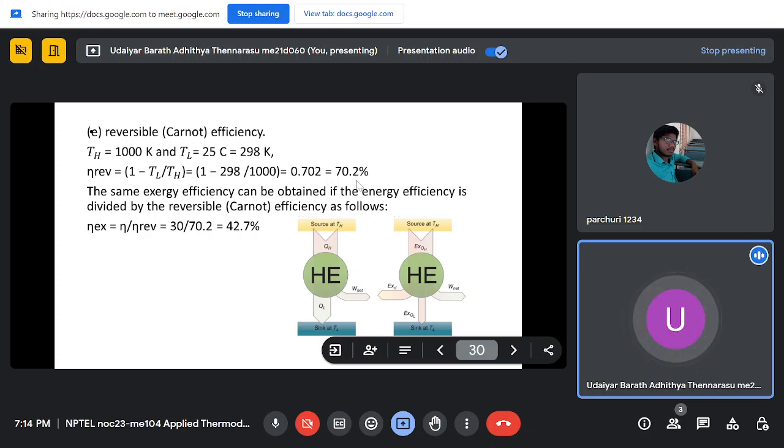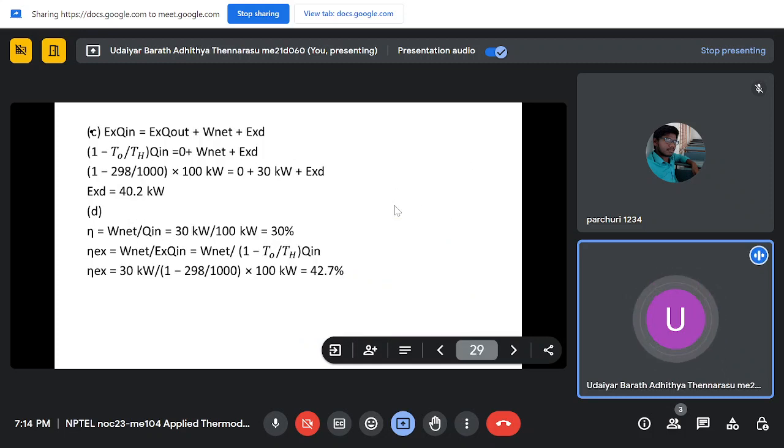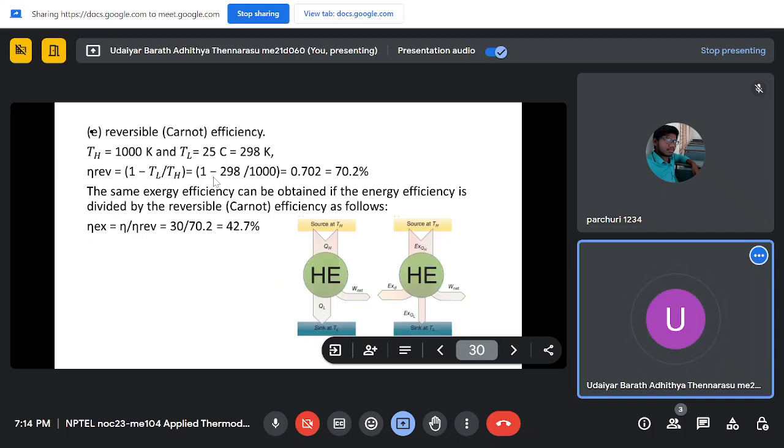So 70.2% is 0.702 into 100, which gives 70.2 kilowatt. That is the exergy coming in, which we saw in option C while solving. The other way of calculating the second law or exergy efficiency is efficiency divided by the Carnot efficiency. It's 30 by 70.2, which is 42.7%.